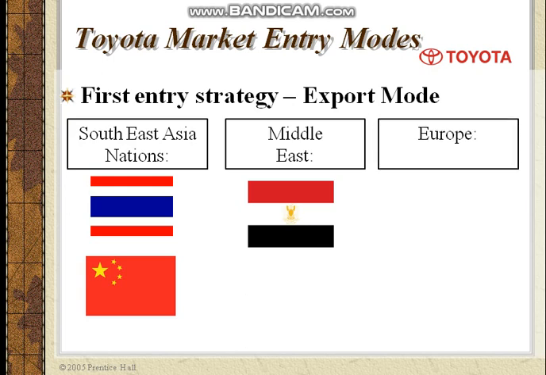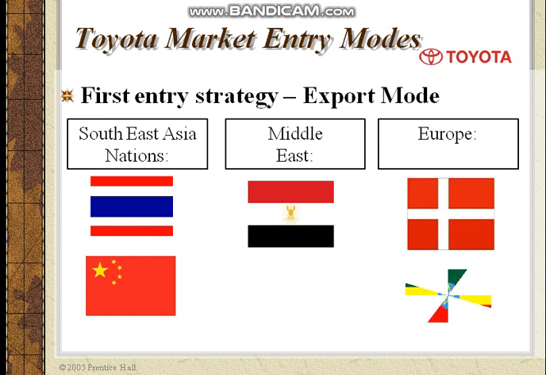For Europe, Toyota hesitated and had no intention of exporting its products at first, because Europe is known as the world's most sophisticated market, until a European representative came over to Japan asking Toyota to export its automobiles. As a result, Toyota exported its Crown and Land Cruiser models to Denmark and Ethiopia.